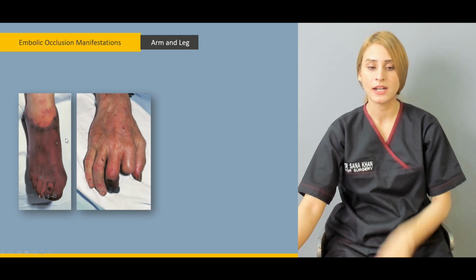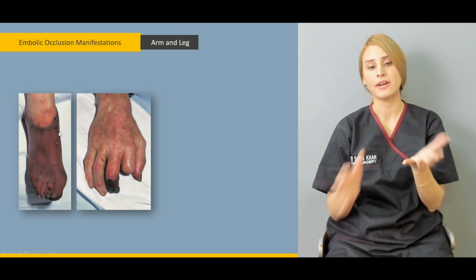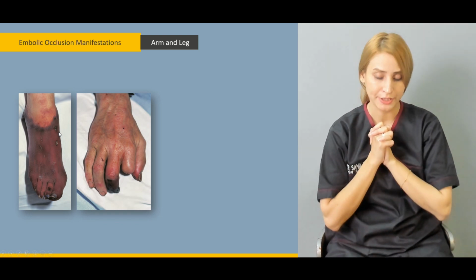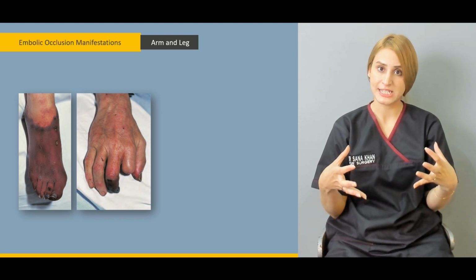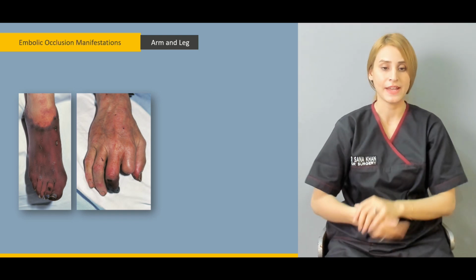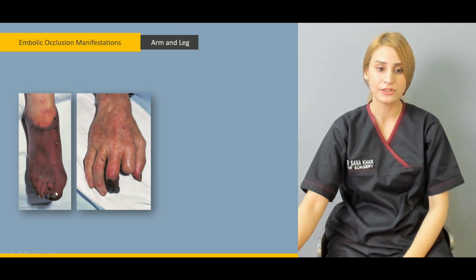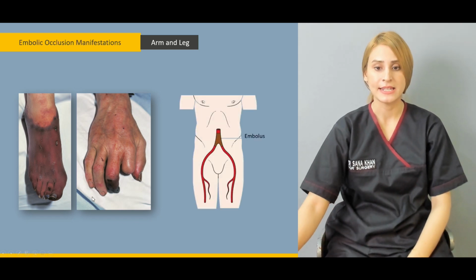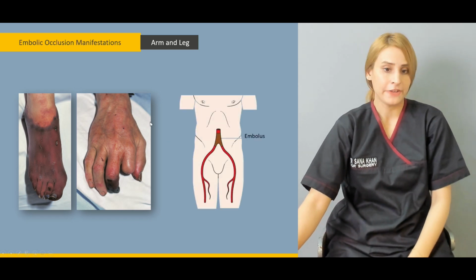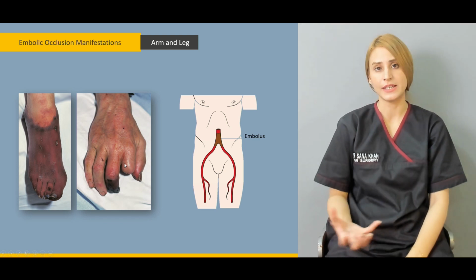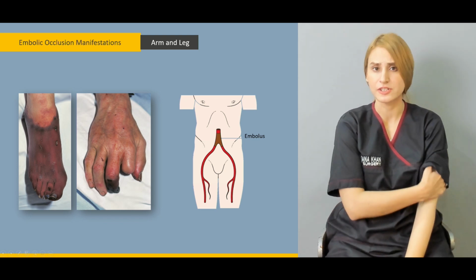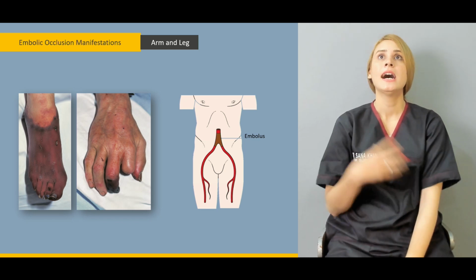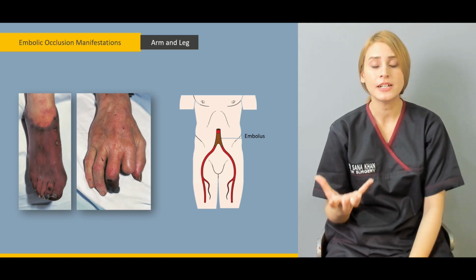Most of the time in the arms and legs, embolic occlusion is more distal as compared to the proximal vasculature. You can see in the diagram this is the line of demarcation, and the patient has already developed full-blown gangrene. It's involving the most distal parts, like the fingers. Why is it affecting the distal vasculature?